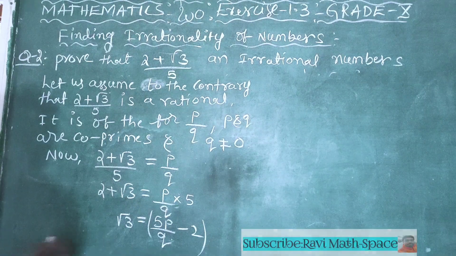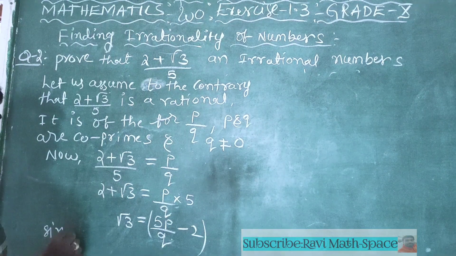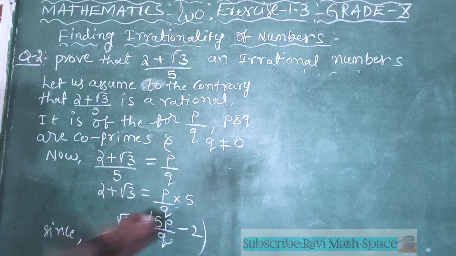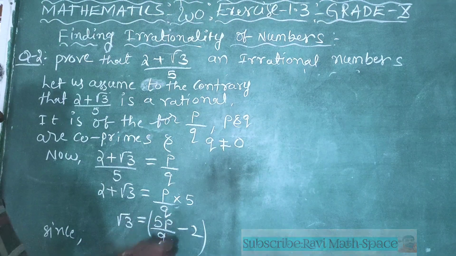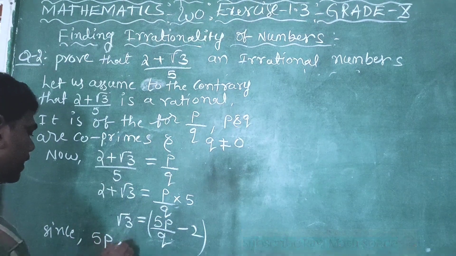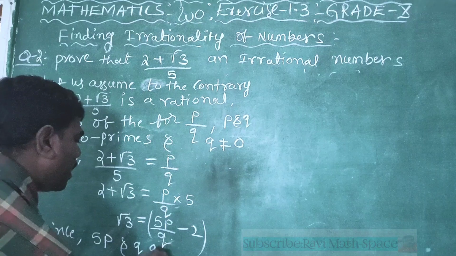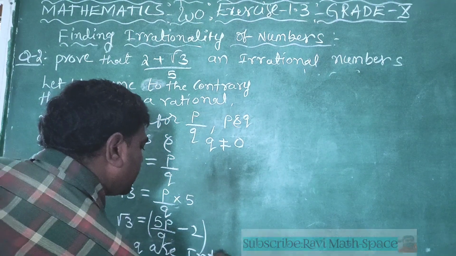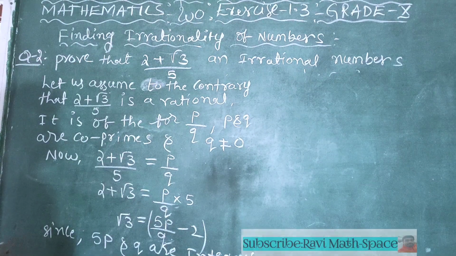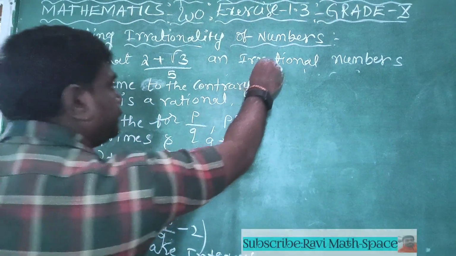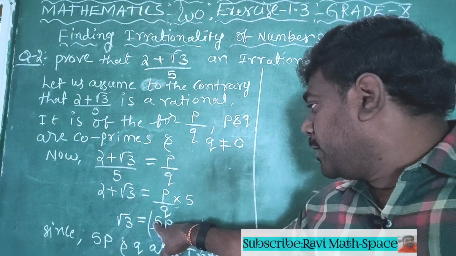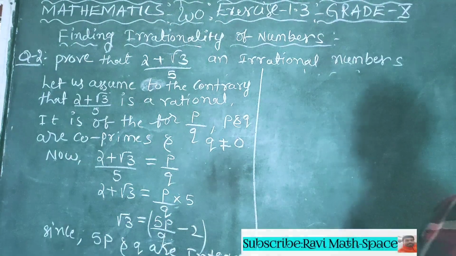Since 5P and Q are integers, yes or no? When these are integers, then 5P by Q is a rational number, yes or no?